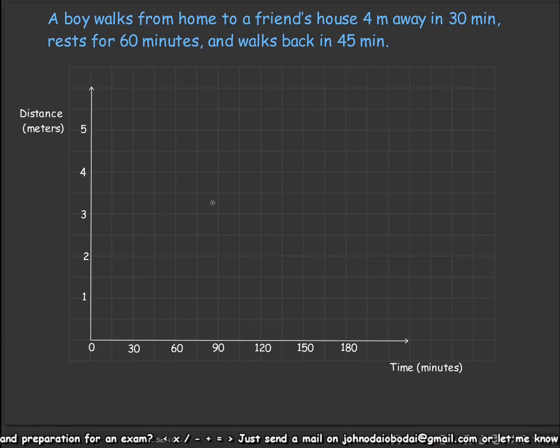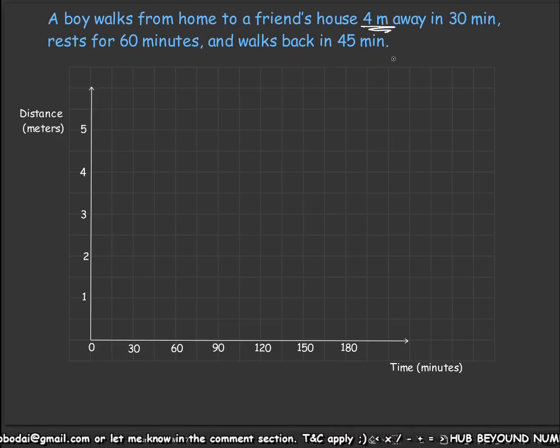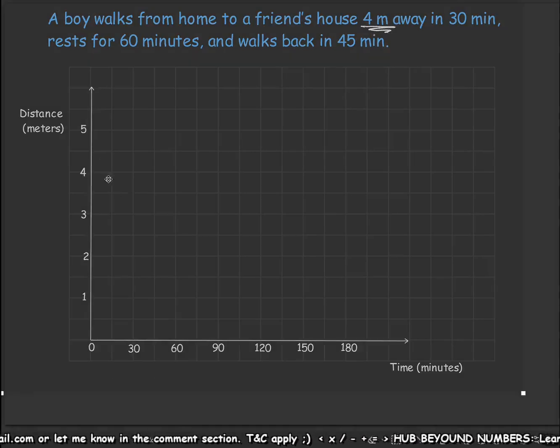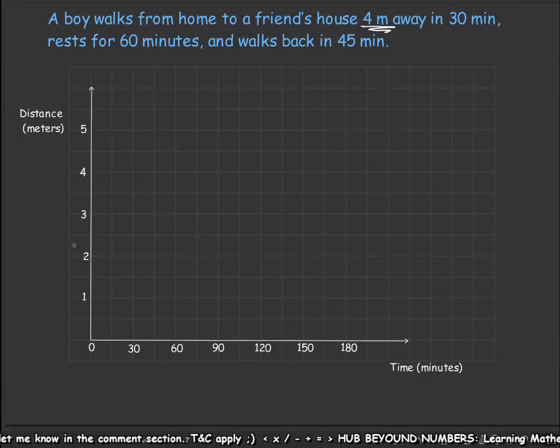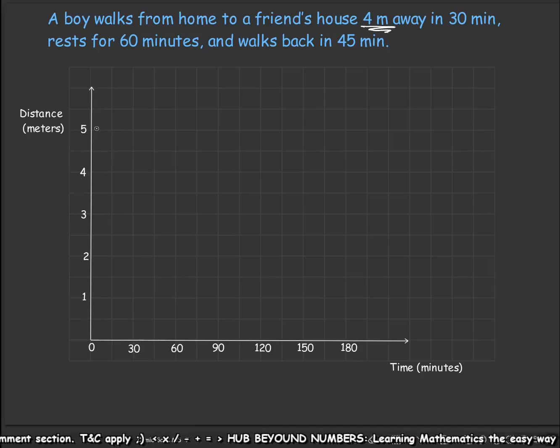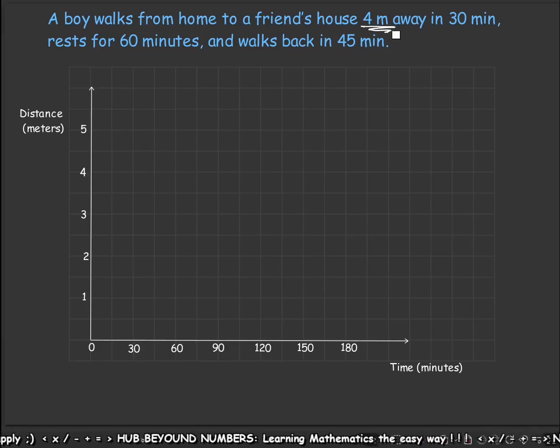Now, to do that, you need your graph sheet. Then with your graph sheet, you'd have to label your x and y axis. You do that depending on the unit you have. For what I have here, I know my maximum is 4. So if I'm able to evenly space out my graph sheet and I have 1, 2, 3, 4, and even add a 5, everything will be within the range of my work.